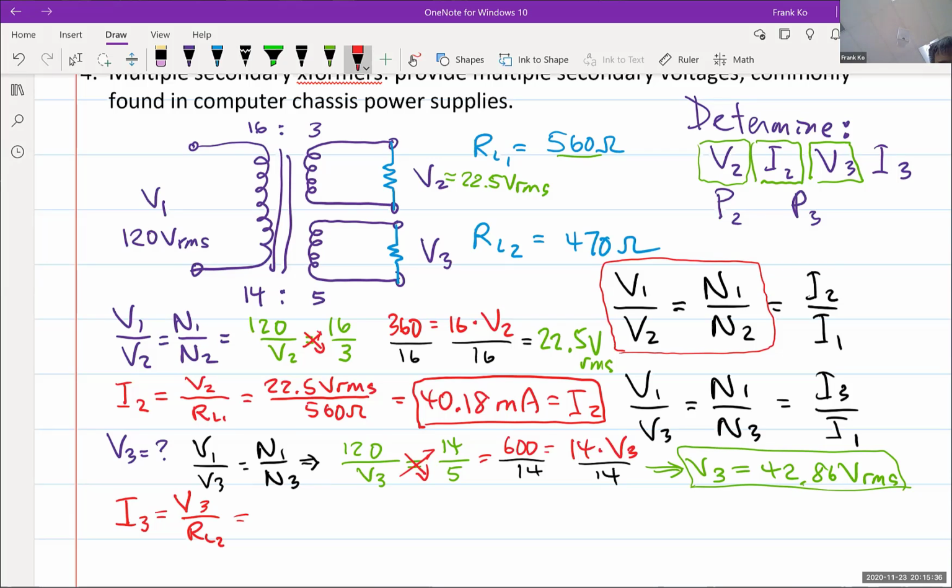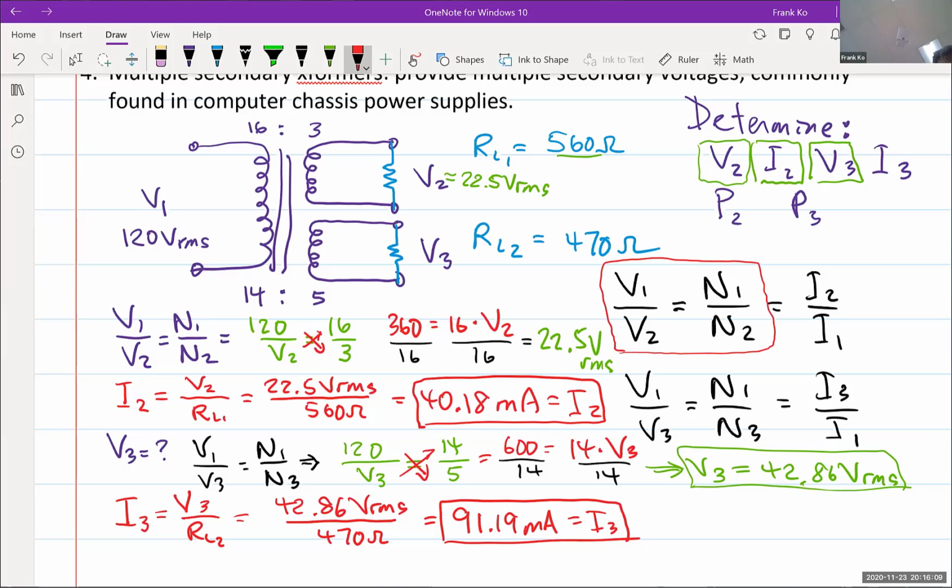V3, we had 42.86 VRMS, and we're going to divide by 470 ohms in this case. And Yusuf, what do you calculate for the current I3? 91.19 milliamps is equal to my I3. Does everybody concur on that? Yes.